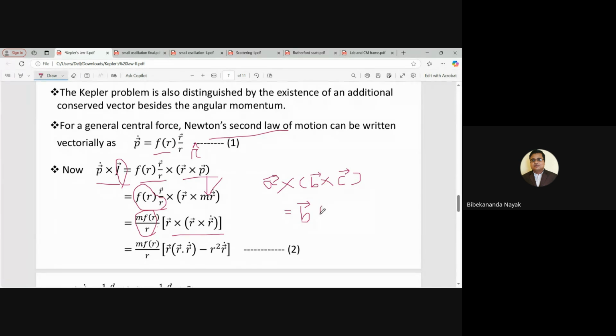The formula is B (A dot C) minus C (A dot B).